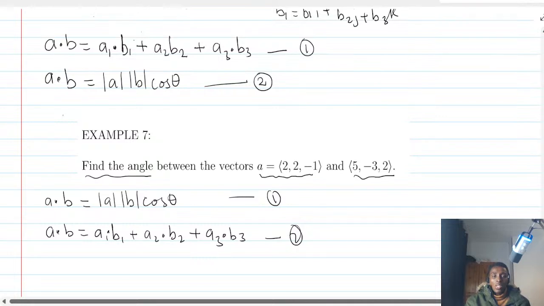Equating the two equations, I can say that cos theta, which is the angle between A and B, is given by A1 B1 plus A2 B2 plus A3 B3.